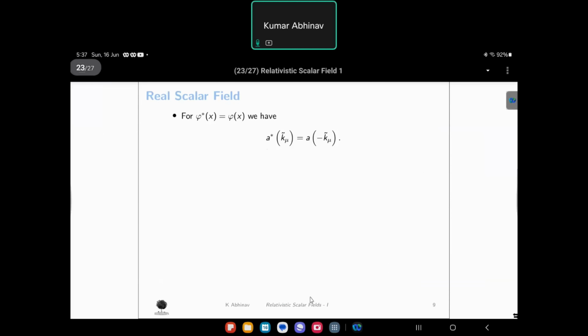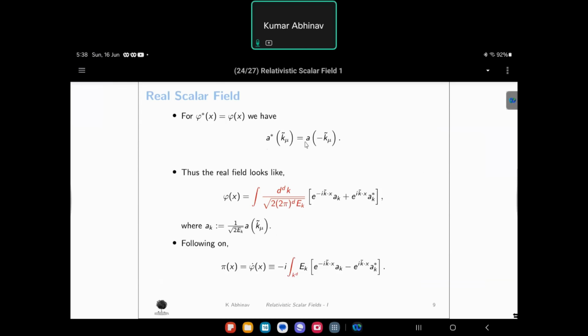Now we can put some more conditions. We can demand the scalar field to be real. If the scalar field is real, then this a minus k tilde operator has to be equal to the complex conjugate of the a k tilde operator. So if it is the case, then finally the scalar field looks like this.